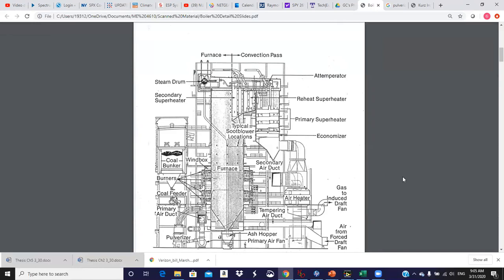After we have expanded through the high pressure section of the turbine, we exit there, and before we go into the medium pressure turbine, we come back to the reheat superheater, which you see here. The flue gases hit it after the secondary superheater, but before the primary superheater.